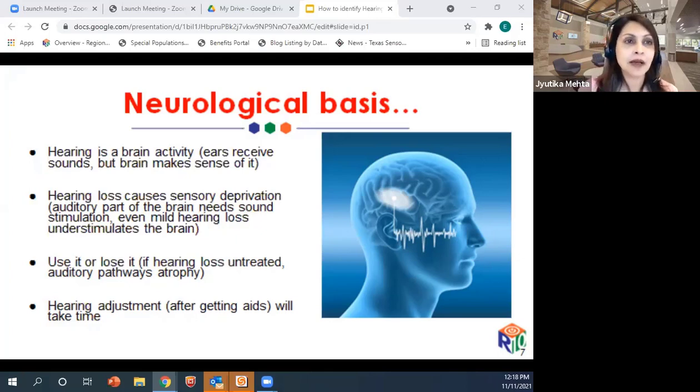When these kiddos do get hearing aids, there is a period of adjustment. Eventually the auditory cortex can be made to expand based on the kind of intervention we provide. That's the beauty of the brain. That's what neuroplasticity is all about: the brain is able to reorganize itself when it gets appropriate sensory input.